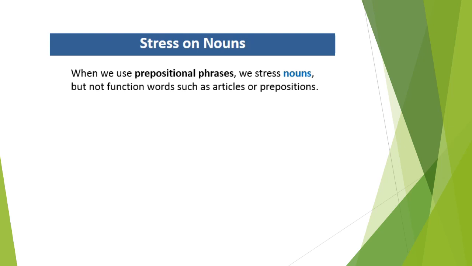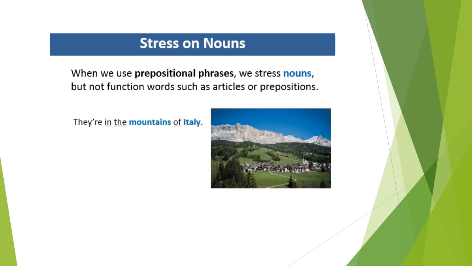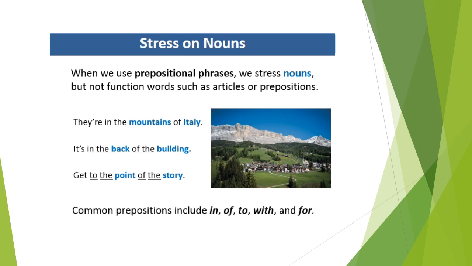Stress on nouns. Nouns are content words. When we use prepositional phrases, we stress nouns but not function words, such as articles or prepositions. They're in the mountains of Italy. It's in the back of the building. Get to the point of the story. Common prepositions include in, of, to, with, and for.